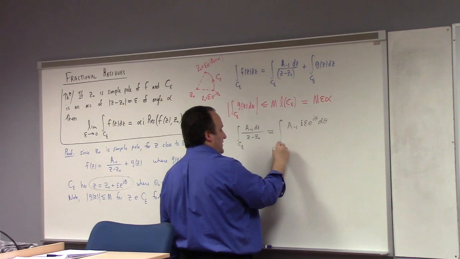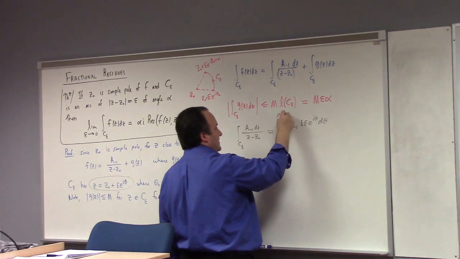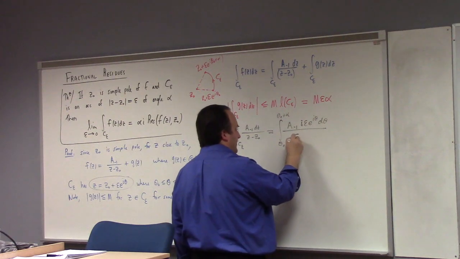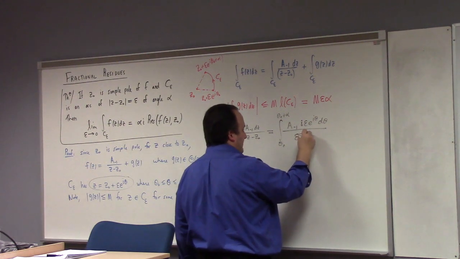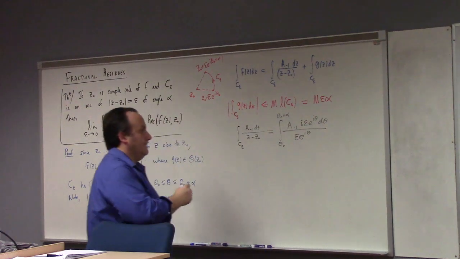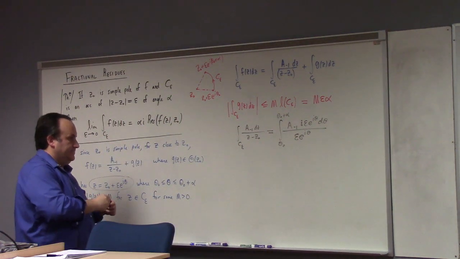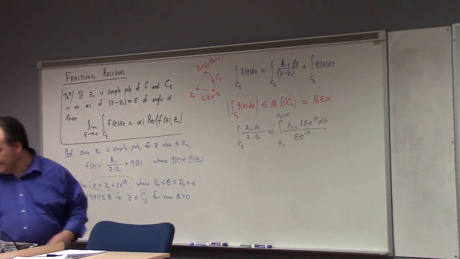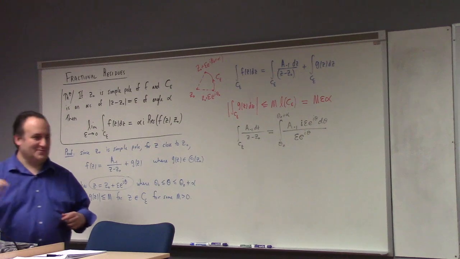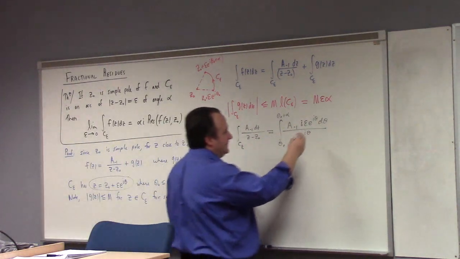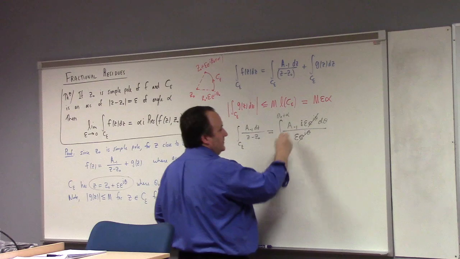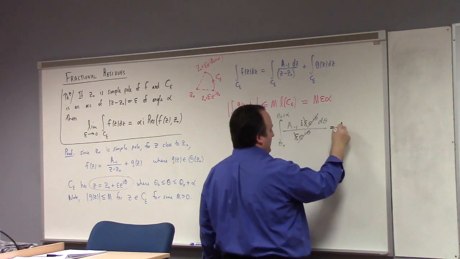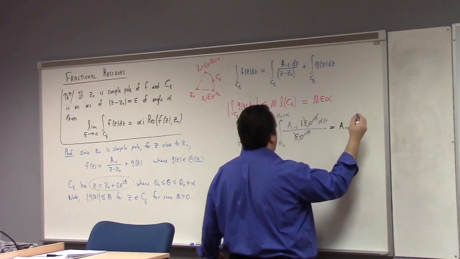We're integrating from theta naught to theta naught plus alpha. And we've got to divide by z minus z naught, which is epsilon e to the i theta. How's that work out? So those cancel. These cancel. And you're just left with a sub minus 1 times i times alpha.